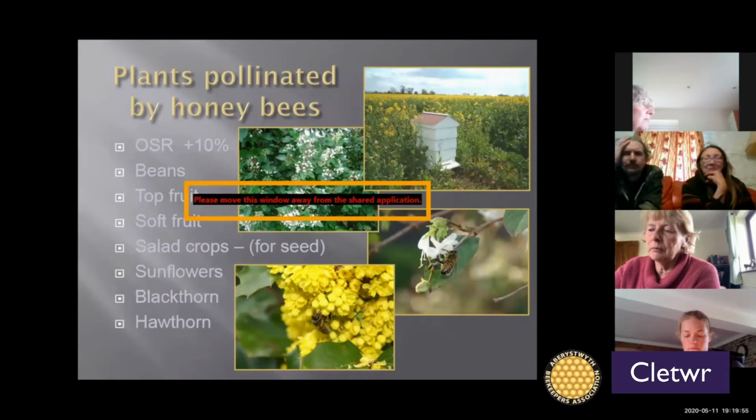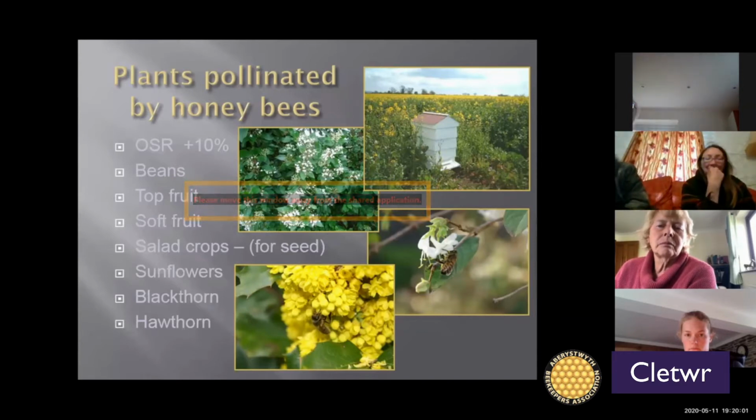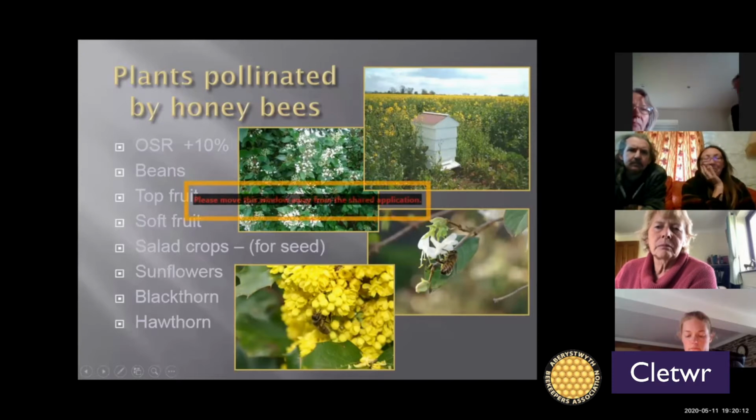So we tend to rely on what we've got here, which is much more around the hedgerows and the woodland environments that we have. As far as crops that are useful to the farmer, or food crops, beans, top fruit, soft fruit, their productivity is significantly increased as a result of a honeybee population, as are salad crops as well.